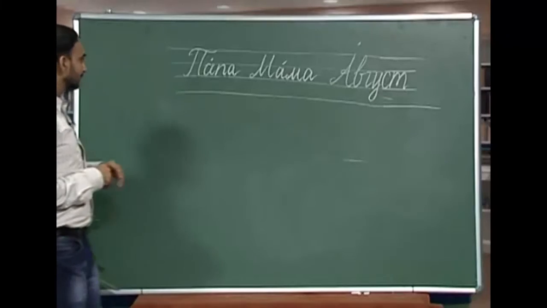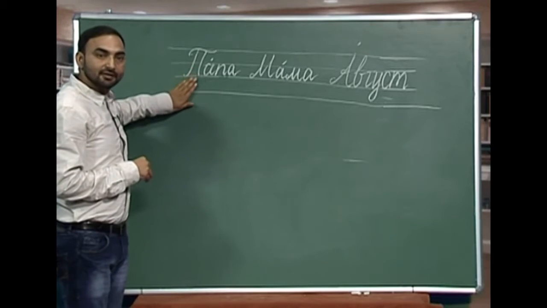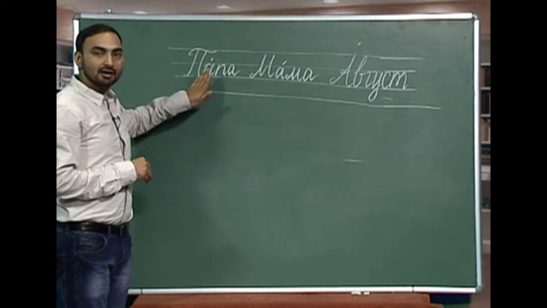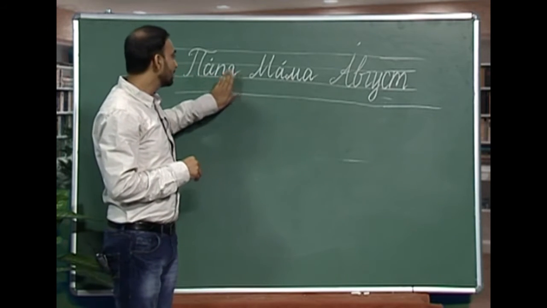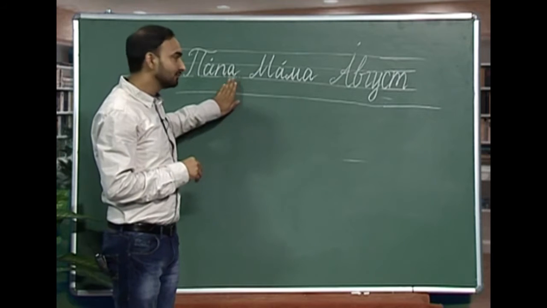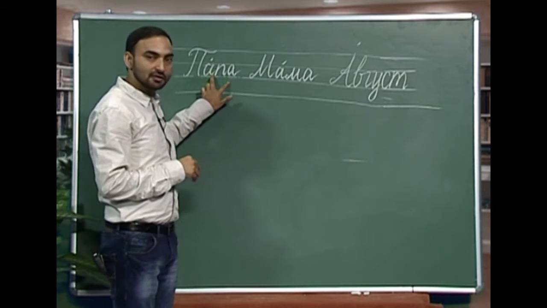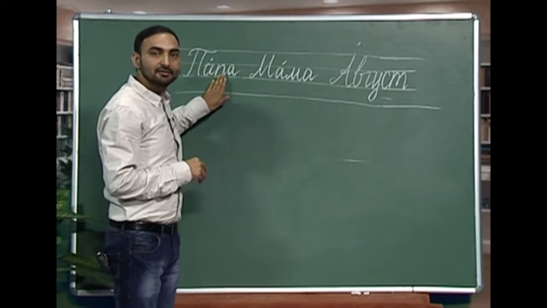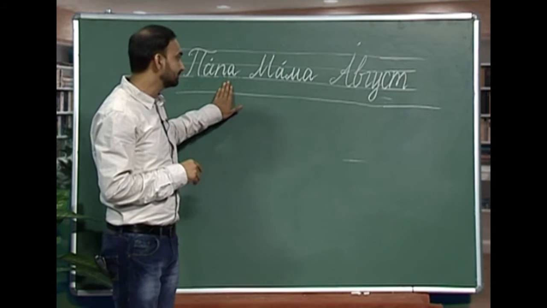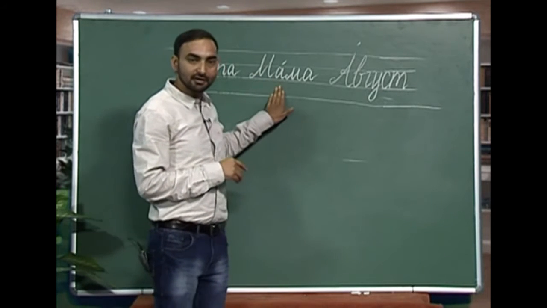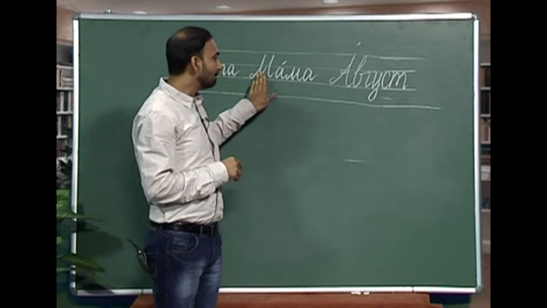Let me write them on the blackboard. This word is papa. There are two vowels, so this word contains two syllables, that is why it is called a disyllabic word. The next word that we have is mama.